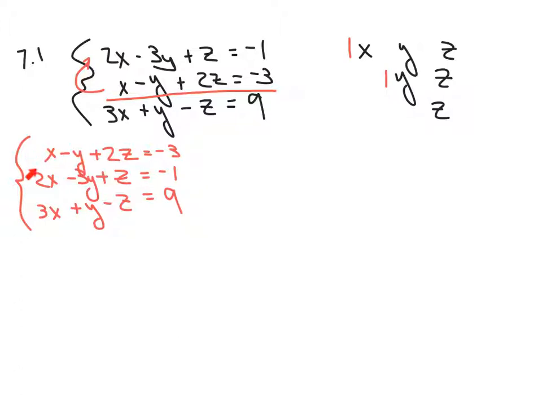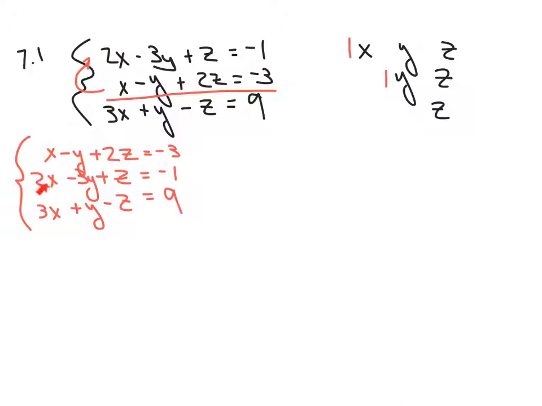The next step is to eliminate this x. Next step is to make this a positive 1y. The next step is to eliminate this and eliminate this. Okay, so that's what we're trying to do. Eliminate this, make this a positive 1, eliminate this, and eliminate that. Okay? So that's what we're doing. So let's go ahead in that order.